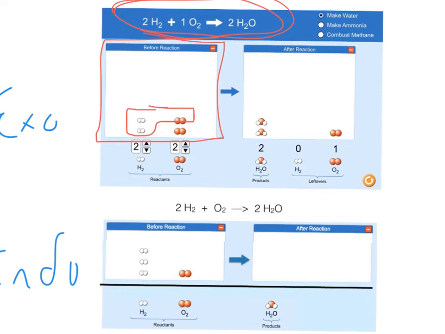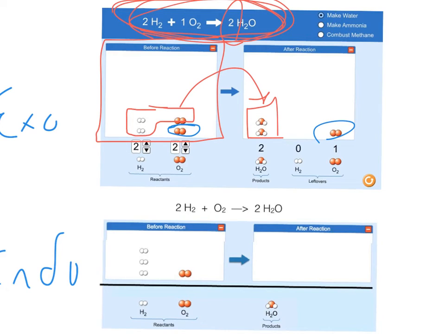That's circling the ingredients in this chemical reaction, and therefore that's going to produce 2 water molecules. That's why 2 water molecules have been drawn here. The atoms that I enclosed here, the 4 hydrogen atoms and 2 oxygen atoms, make these products, which makes this remaining oxygen molecule a leftover.